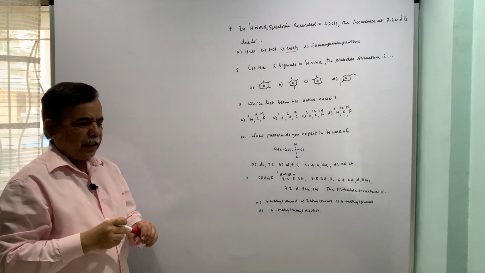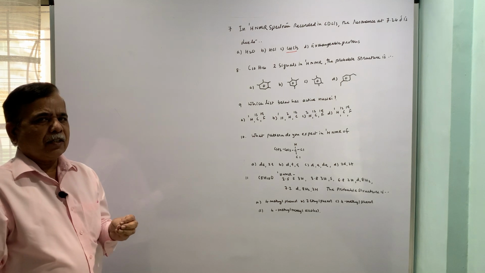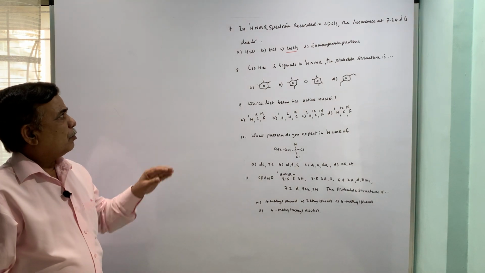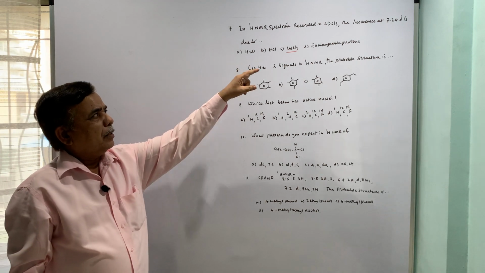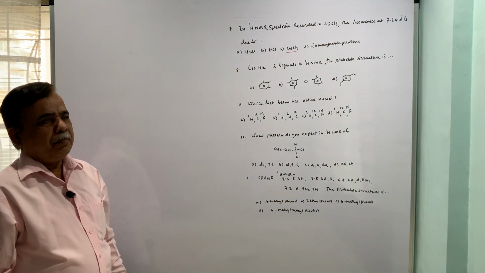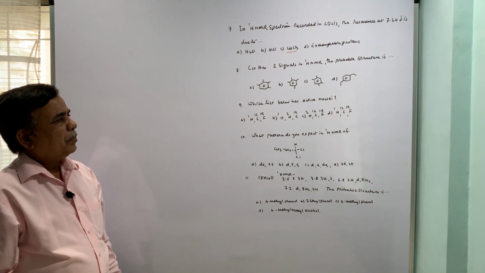Although it is deuterated, it contains a trace of CHCl3, the normal chloroform rather than the deuterated one, and that normal chloroform is getting absorbed and displays a sharp peak at 7.24 delta.